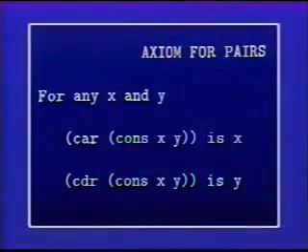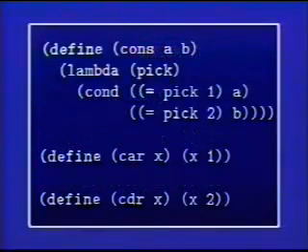So let me show you on this slide an implementation of cons, car, and cdr. We'll look at it again in a second, but notice that in the procedure definitions of cons, car, and cdr, you don't see any data. What you see is a lambda.